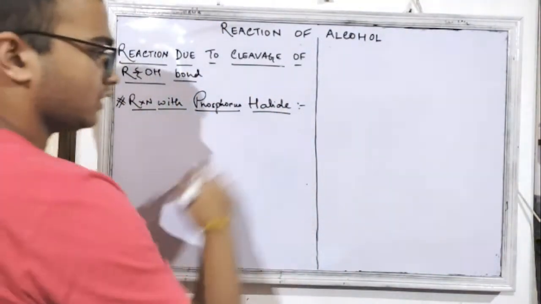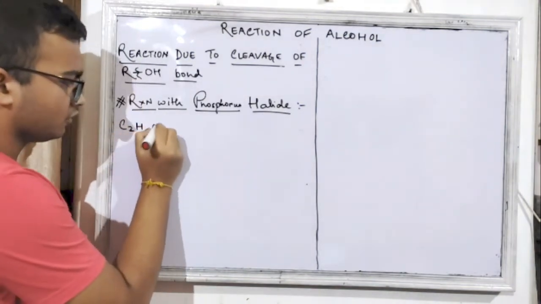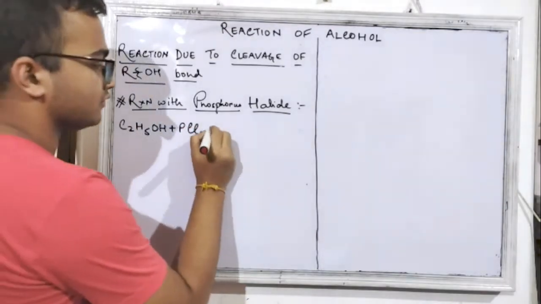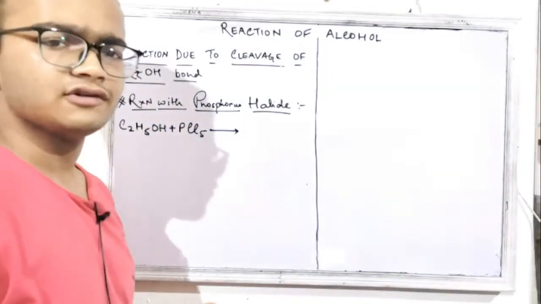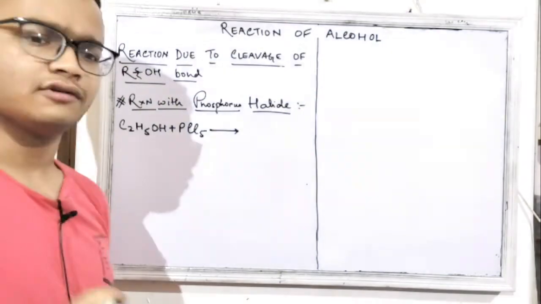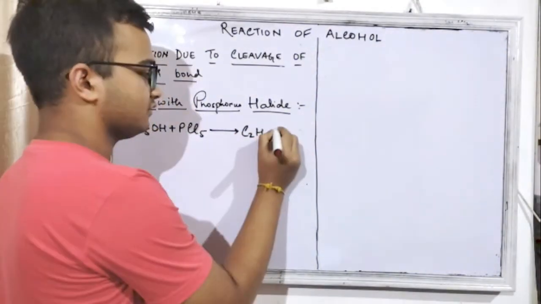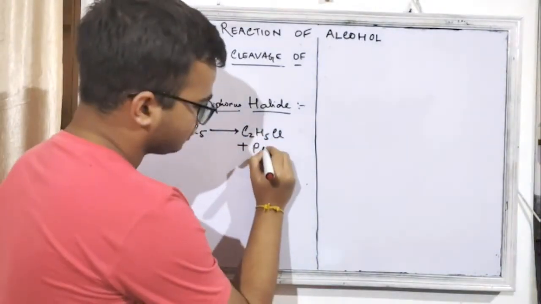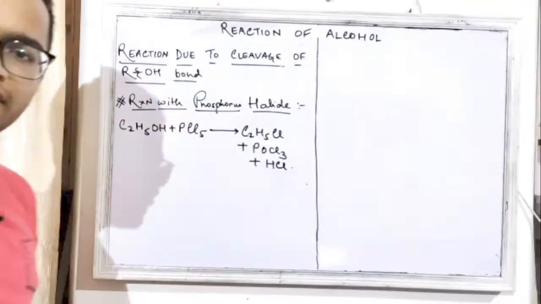Let's take the example of the reaction of C2H5OH with PCl5. This is phosphorus pentachloride. Phosphorus pentachloride is a phosphorus halide, right? So when C2H5OH, your ethyl alcohol, reacts with phosphorus pentachloride, it gives C2H5Cl plus POCl3 plus HCl, right?